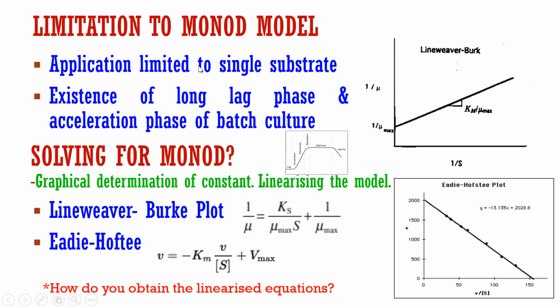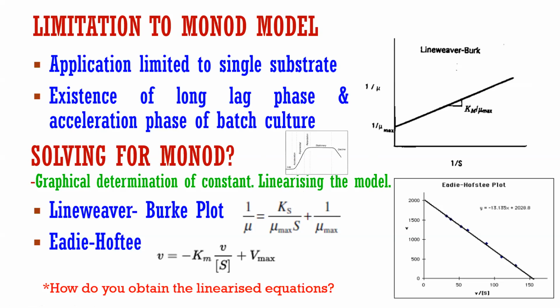Another limitation is the existence of a long lag phase and acceleration phase in batch culture. In a growth curve, there are phases known as lag phase and acceleration phase. At these phases, although we have abundance of substrate, the growth is still very slow, the growth rate is very low.